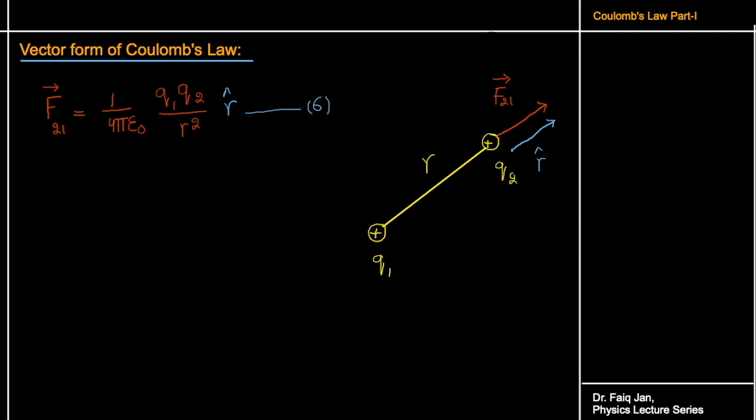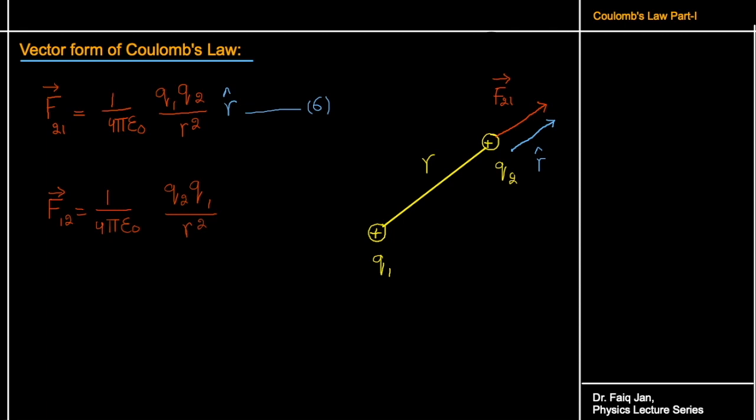Similarly, we can find the force exerted on Q1 by Q2. Again the magnitude of this force will be 1 by 4 pi epsilon naught, and we can shuffle the position of charges, that is force exerted on Q1 by Q2 over r squared.